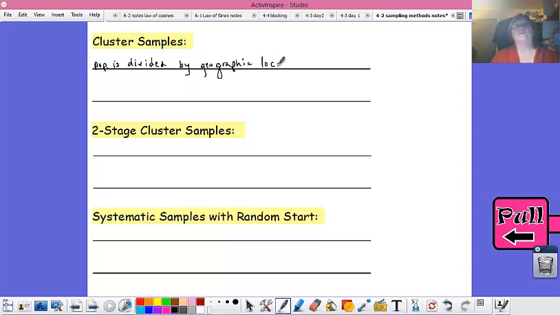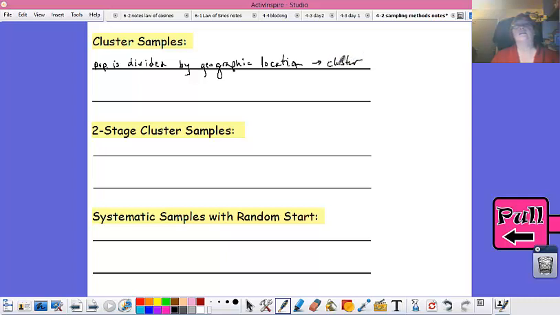So if you think about this, within the state of Michigan, if we wanted to cluster sample, we would think about counties, because that's a geographic region inside the bigger region, the state. Once you've divided by that geographic location, those are the clusters.